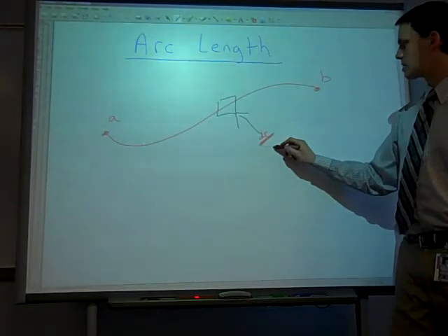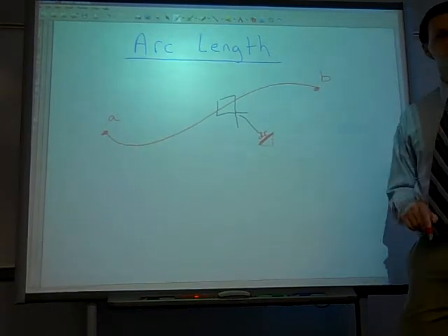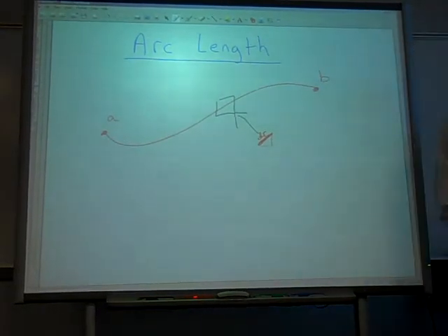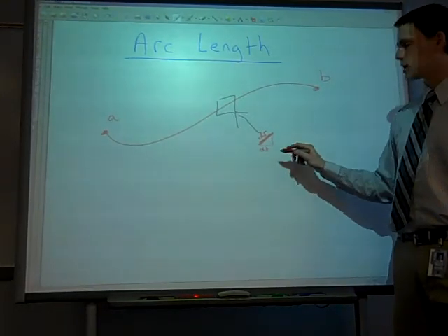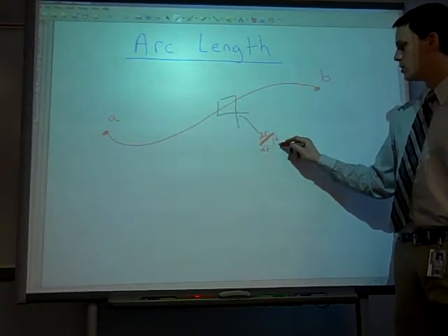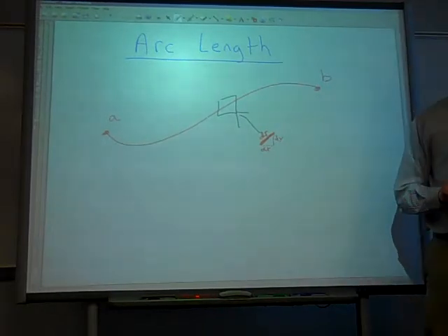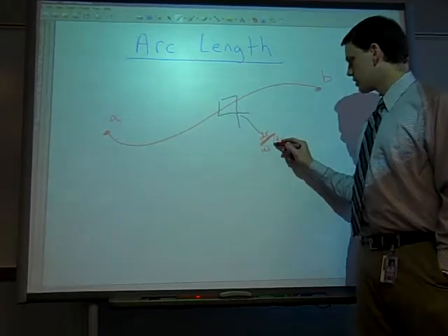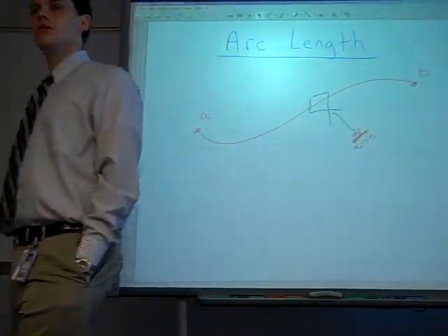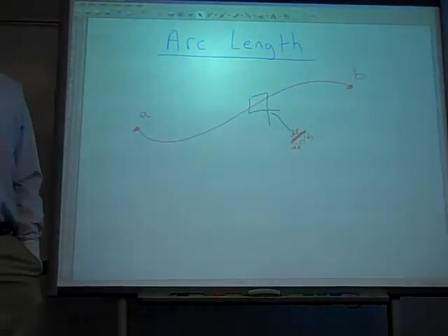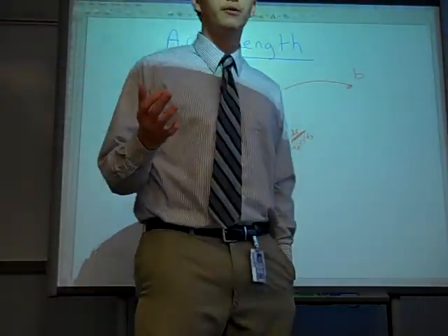And that has an x component and a y component, so you can think of it like a vector, if you want. The x component is your dx, and your y component is your dy. And this is the right triangle. So, fundamentally at the heart of the arc length formula is the Pythagorean theorem.